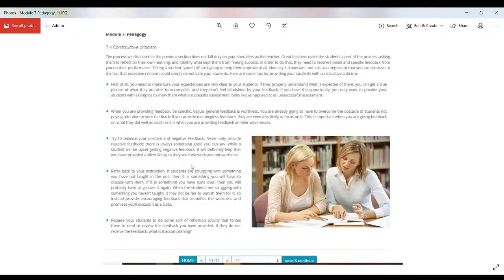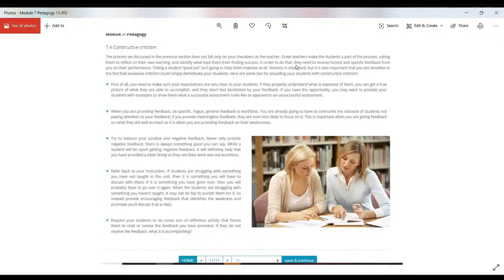The last part and the last page is about constructive criticism. The process we discussed in the previous section does not fall only on your shoulders as a teacher. Great teachers make the students a part of the process, asking them to reflect on their own learning and identify what kept them from finding success.